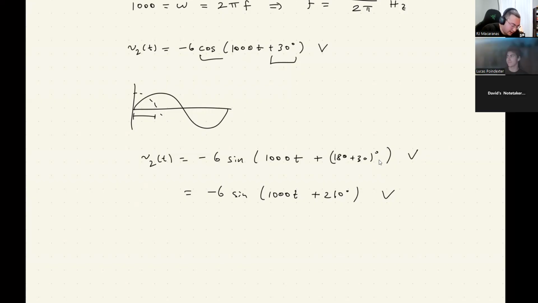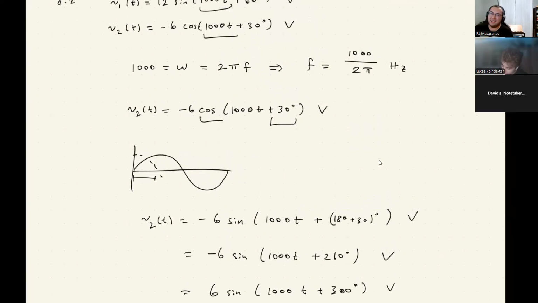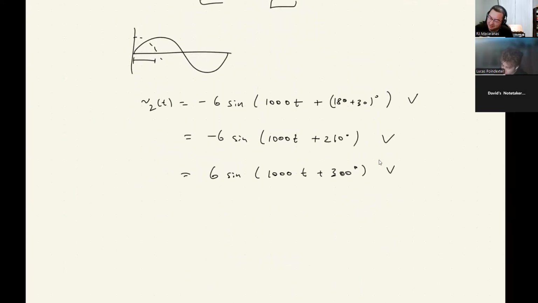Yeah, so here they're adding 90 degrees. Sorry, I got those mixed up. So if I phase shift this guy by 90 degrees, then I can get my positive magnitude out of there. All right, cool. So hopefully that makes sense.